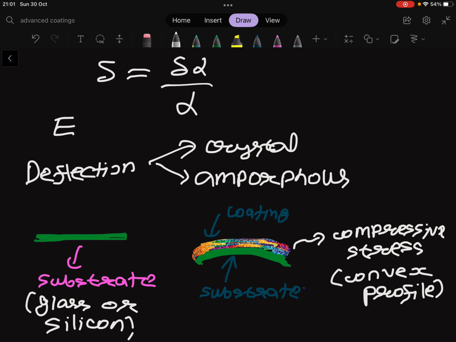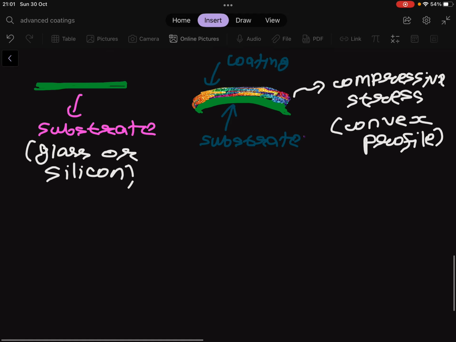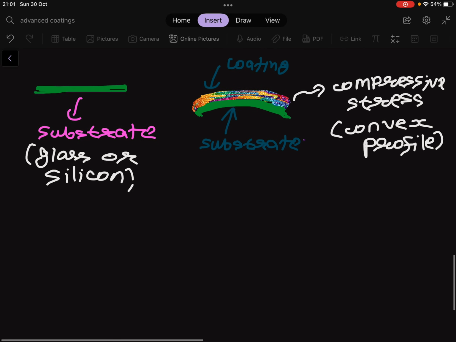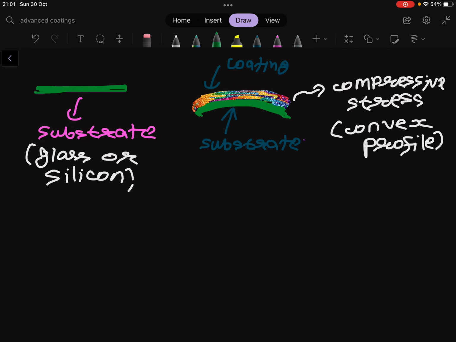Now our system is concave if we have tensile stress, something like this.